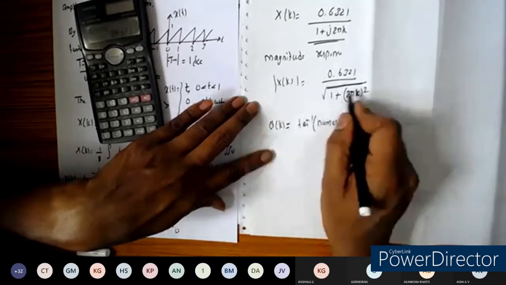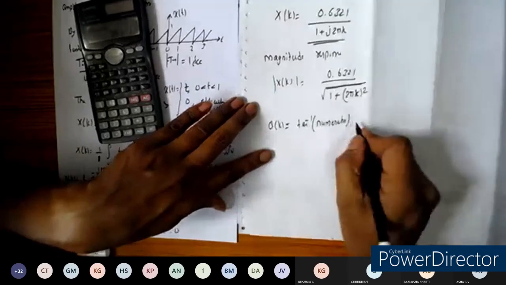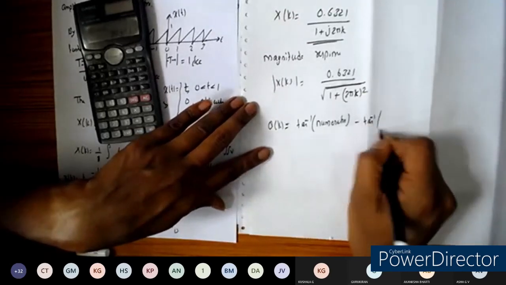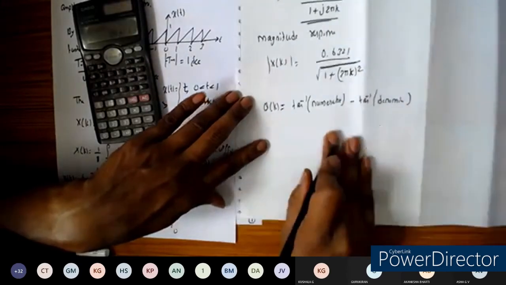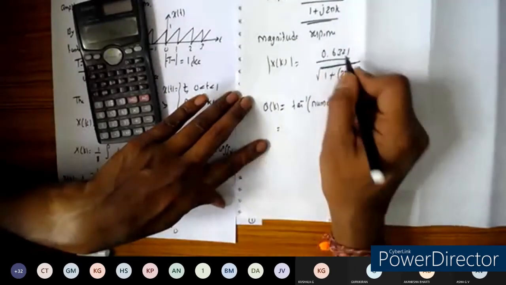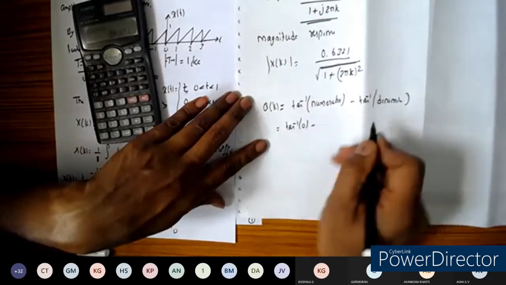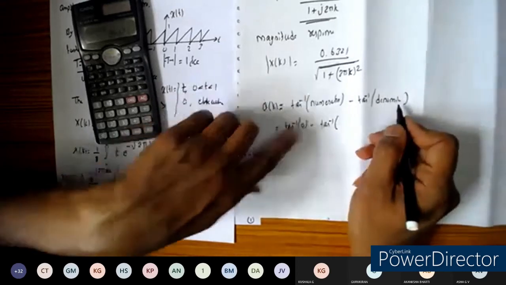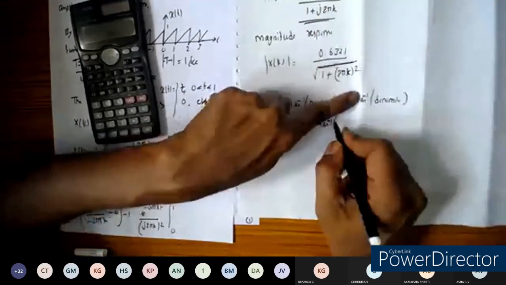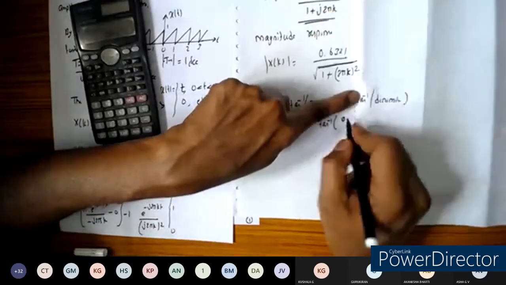Okay, because for the magnitude we are going to multiply, and for the phase we are going to take the difference: the phase of the numerator minus the tan inverse of the phase of the denominator. For the numerator, the real part is there and the imaginary part is 0, so it is tan inverse of 0, minus, for the denominator, tan inverse of 2 pi k divided by 1, since the imaginary part is 2 pi k.